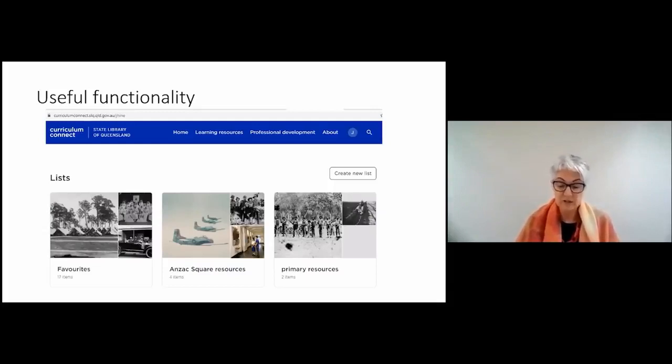Specific curriculum links that show at a glance which content descriptions and general capabilities are covered by the activities in a resource. And around a third of the 70 resources on Curriculum Connect include First Nations perspectives, because this was identified as a need by teachers.